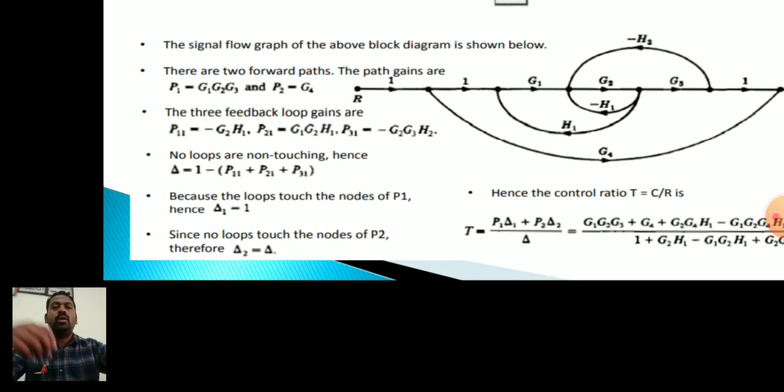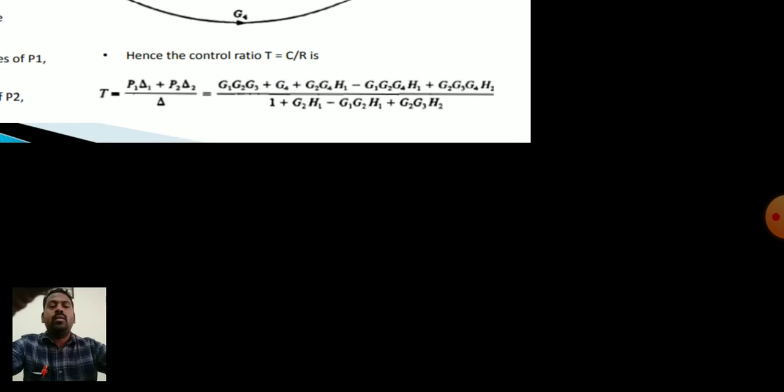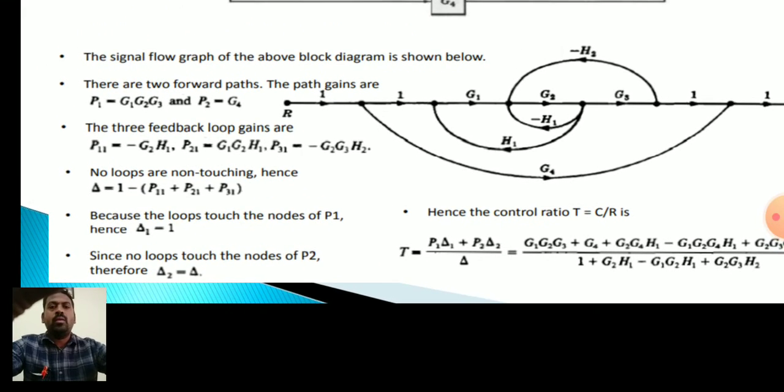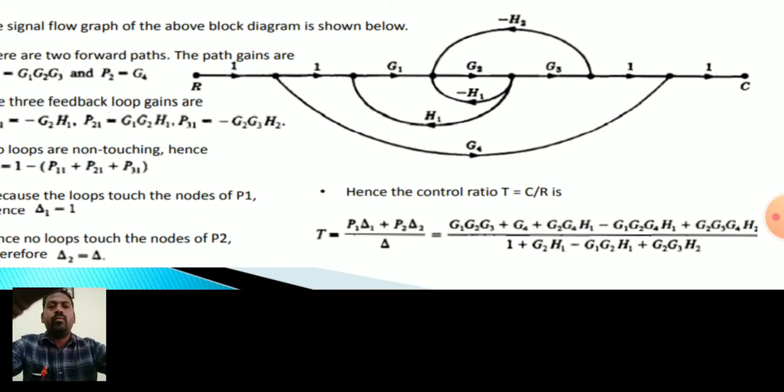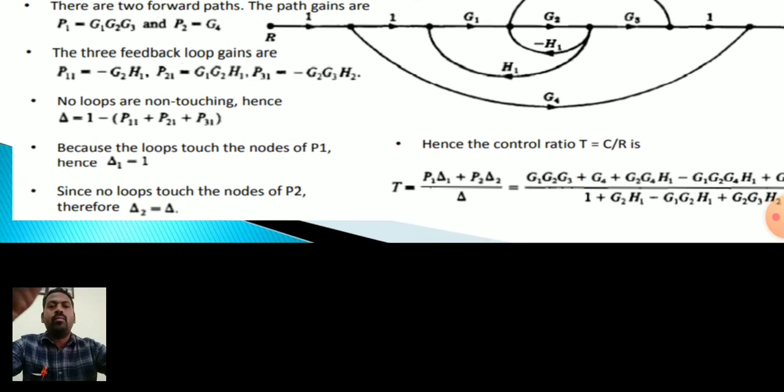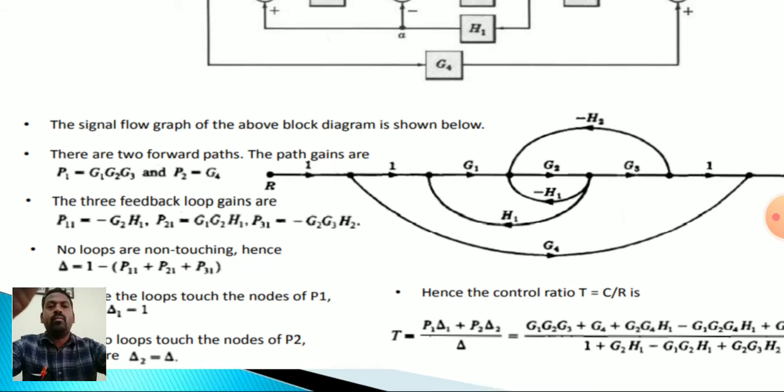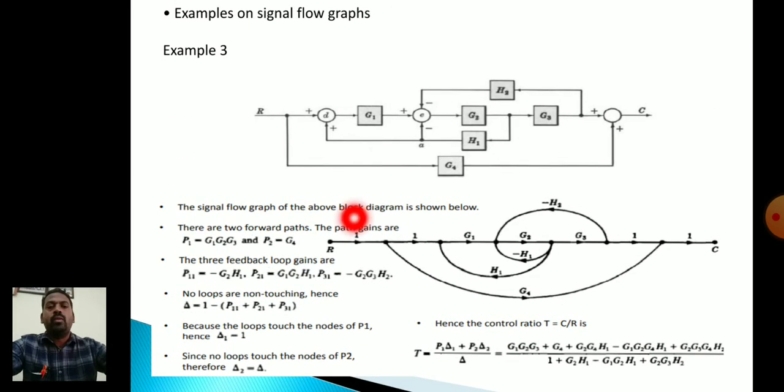So one more thing here. Because the loops touch, no nodes are common here, so delta 1 is 1, and since no loops touch each other, delta 2 is also 1.